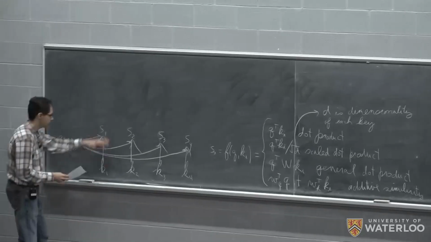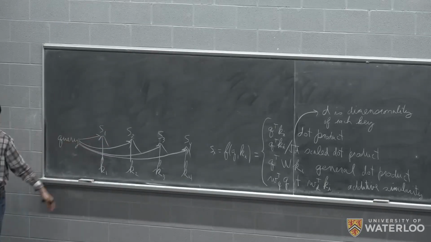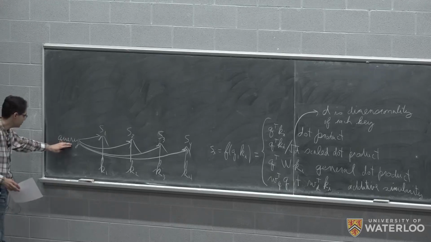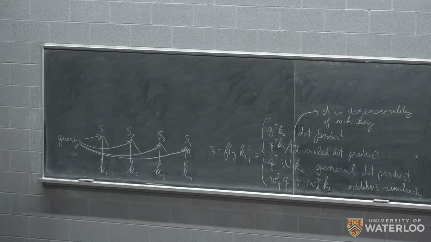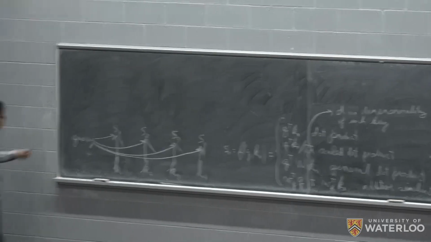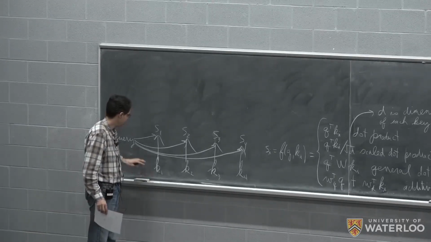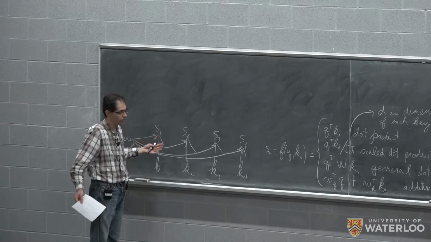Okay, so this first layer is computing the similarity between some query Q and each key in our database or in our memory. And to do this, there are many choices.